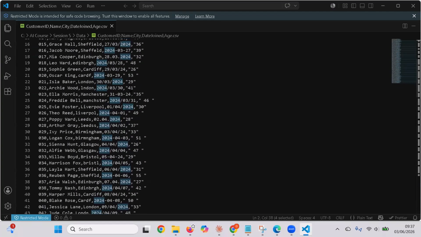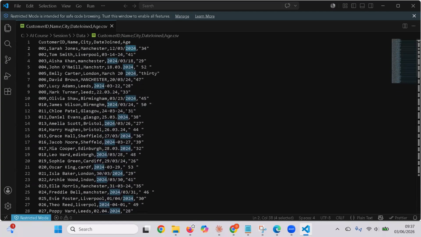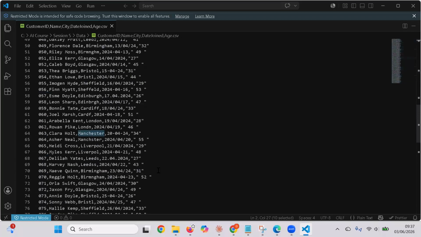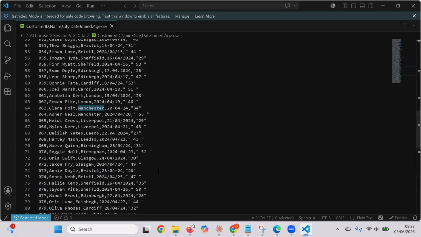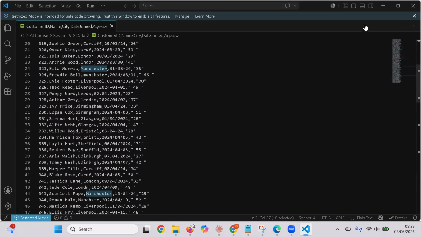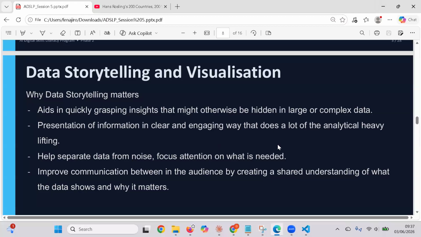Even as small as this, you can't just quickly find things. You'll be looking for Manchester, you want to know the number for Manchester. Again, once you are done with that, it will really be a bit hard for you to do that.